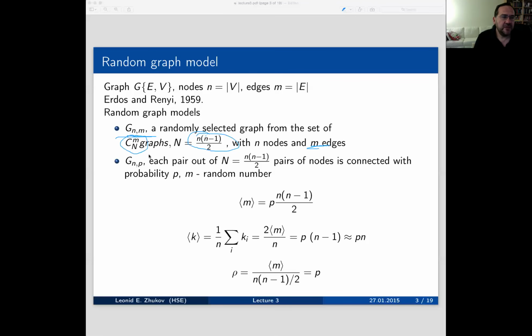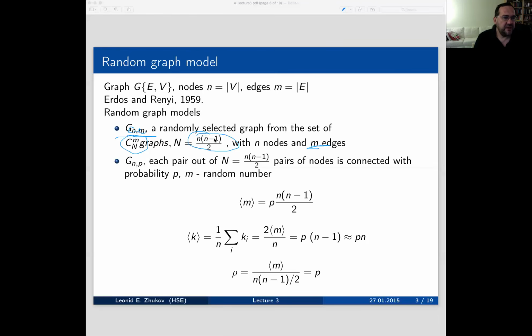And you consider a random graph to be one of those configurations. So the idea is you generate all the possible graphs with m edges and n nodes, and randomly select one. And we call that a random graph. So in this model, it's very clear what m is.